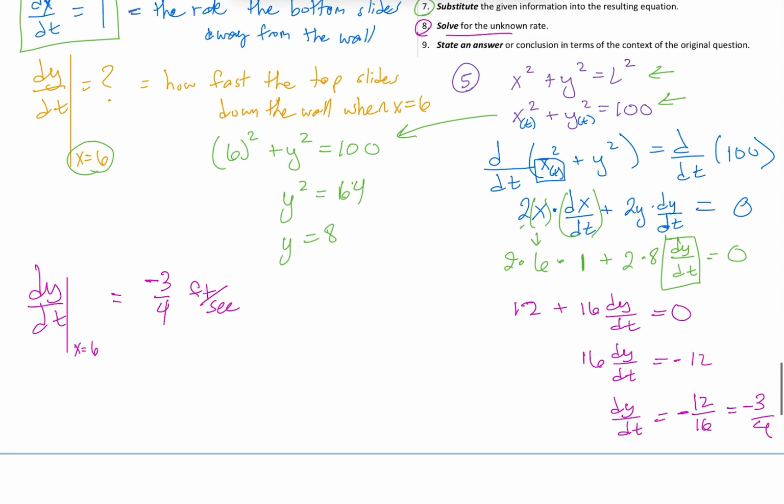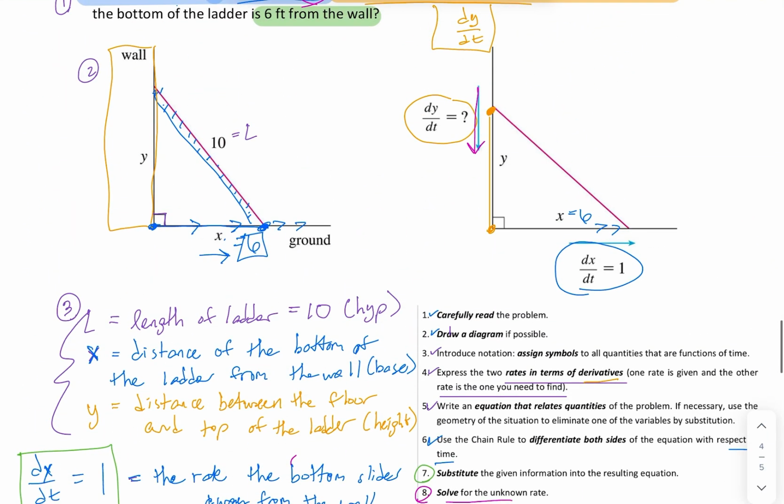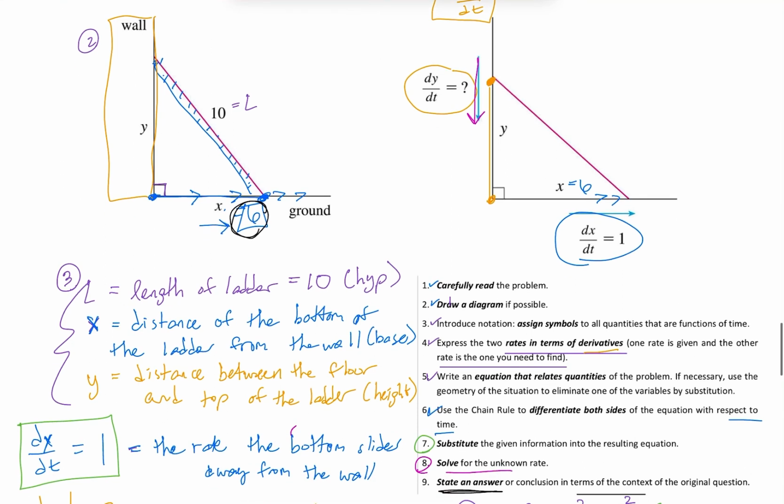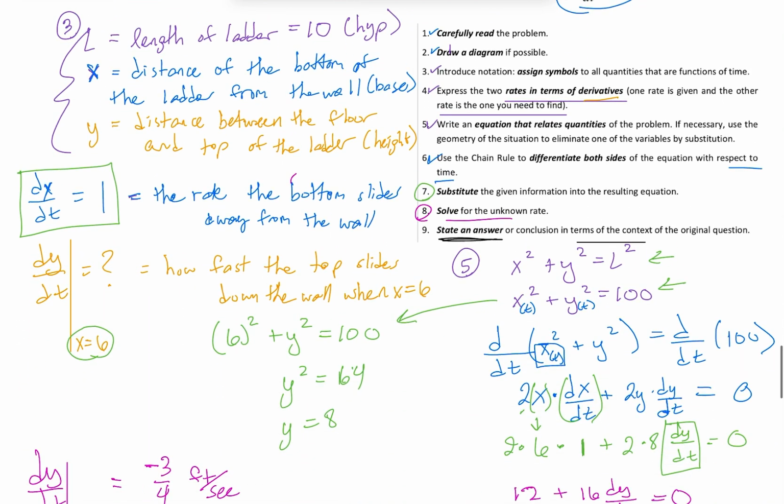My last step is to state the answer in terms of the context of the original problem. So again, the rate changes throughout this event, but we've picked out exactly what the rate is when the ladder is 6 feet away from the wall.